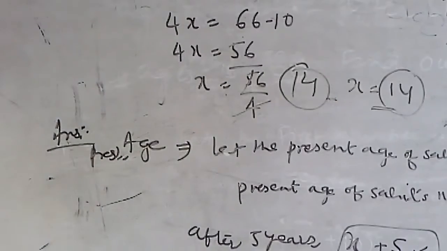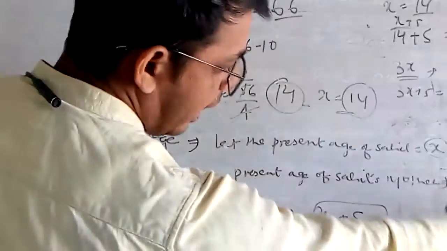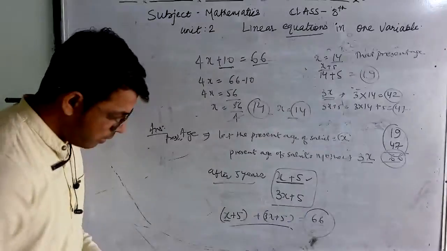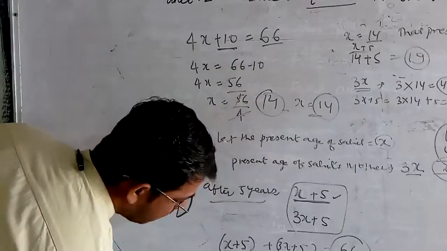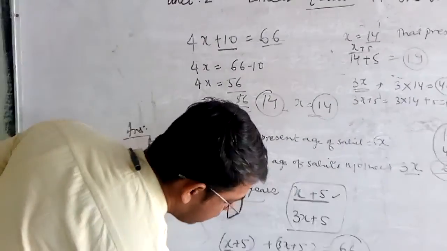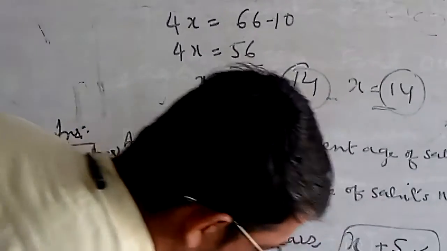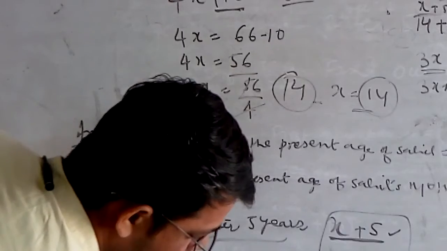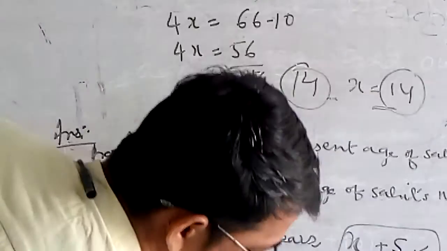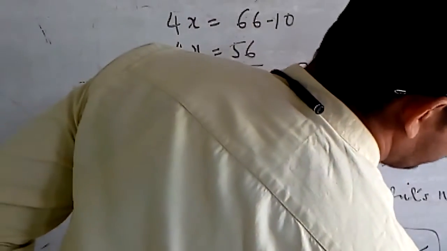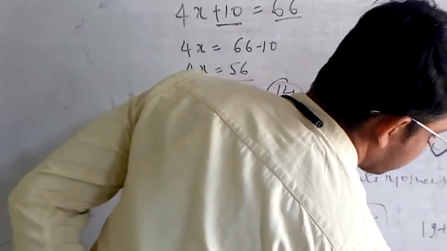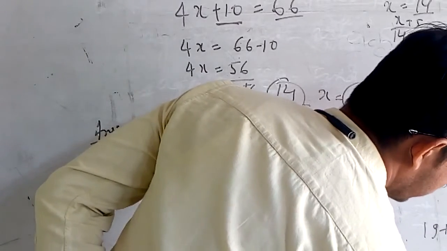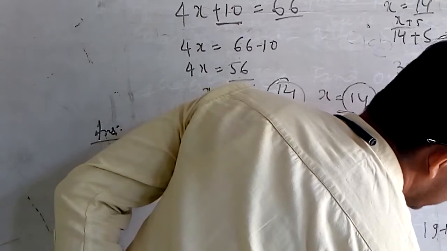If we place the value of x, we will get both equal. 14 plus 5 plus 3 into 14 plus 5 equal to 66. 14 plus 5, 19, and 3 into 14 is 42, plus 5, 47. Now 19 plus 47 equal to 66. 66 equal to 66. It means left hand side equal to right hand side.